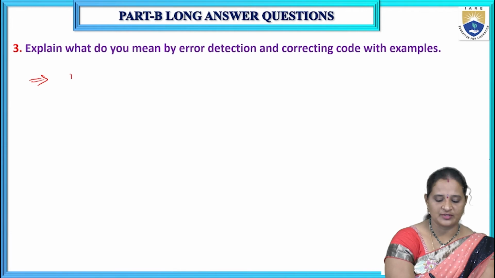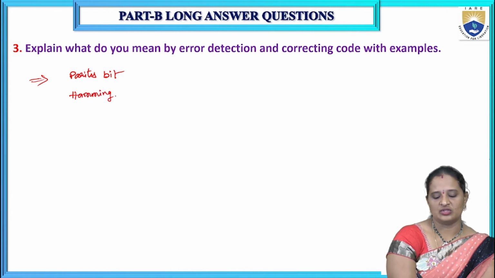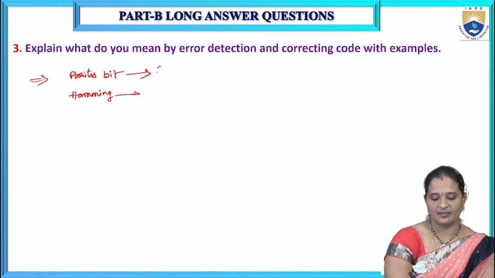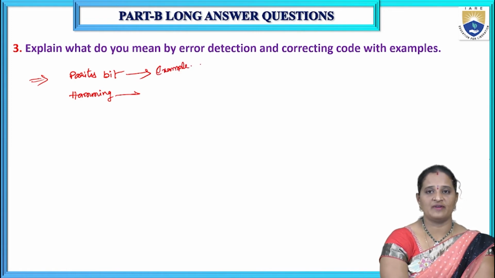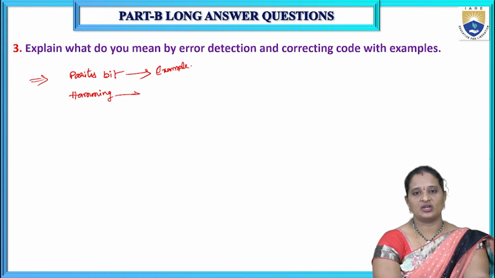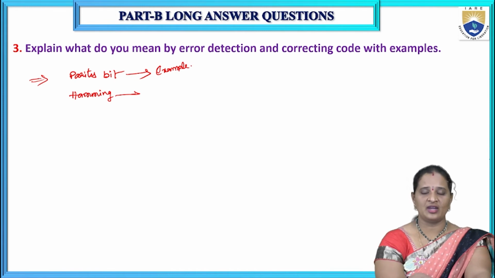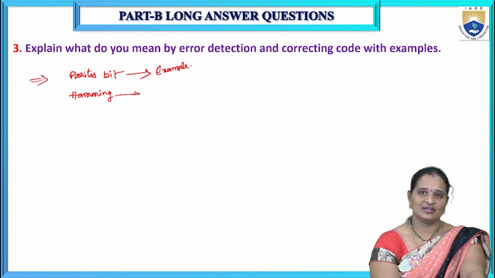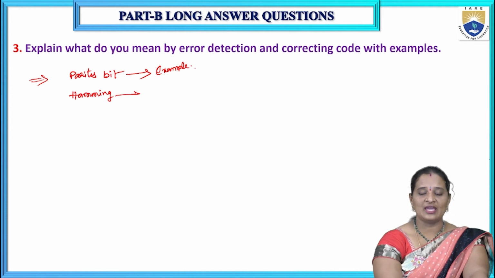We have two types of error detecting and correcting codes: parity bit and Hamming code. So define parity code and give some example. Define parity bit, what are the types of parity bits, and how the parity bits are used as error detecting codes, we need to explain by taking an example.